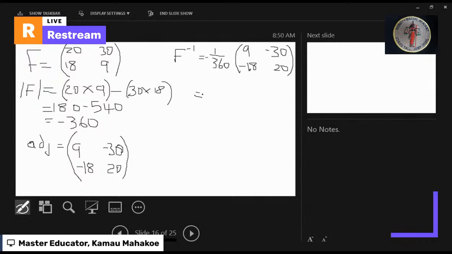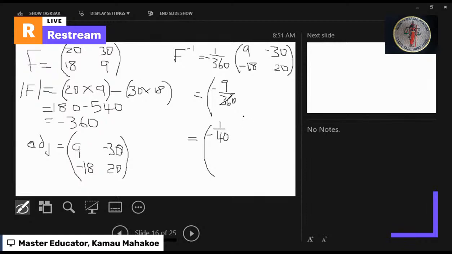Which gives, so negative 1 over 360 times 9 would give negative 9 over 360. And this cancels down. So 9 into 360 goes 40. So it's negative 1 over 40.